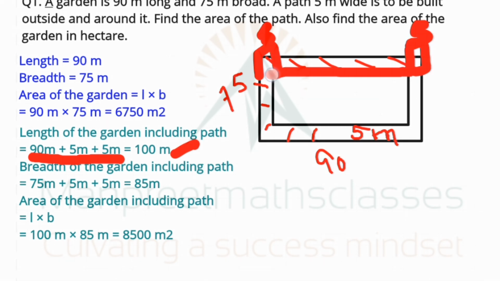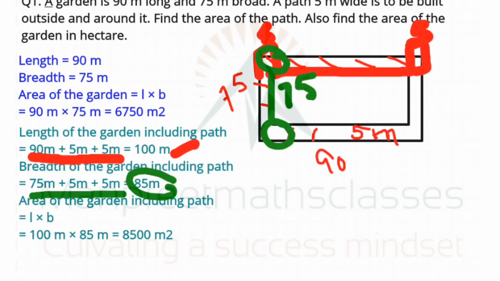In this manner we will calculate the breadth. The breadth given to us is 75. This portion and this portion are 5 meter each. So 75 plus 5 plus 5. 75 plus 5 is 80, and 80 plus 5 is 85. This is the breadth of the garden including the path. Now we will calculate its area.